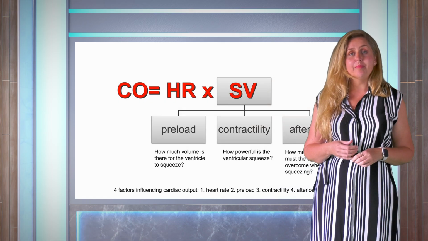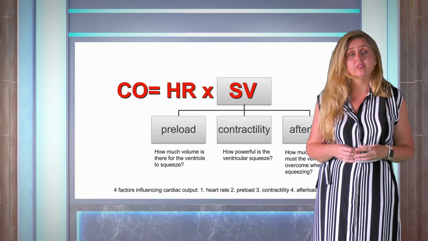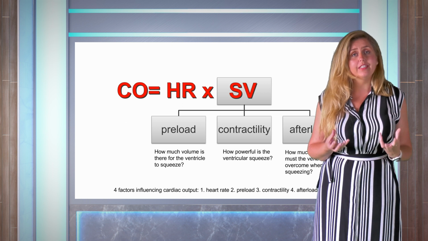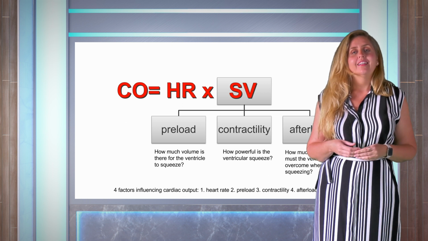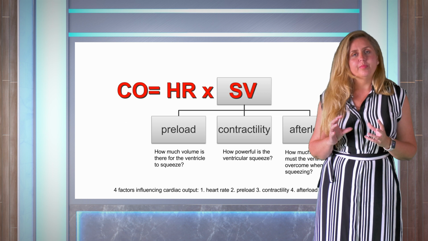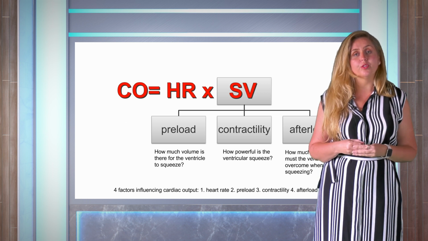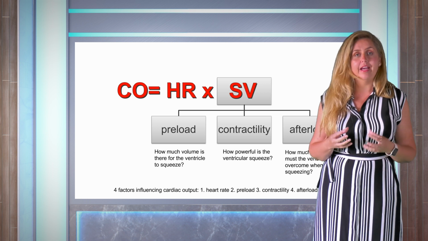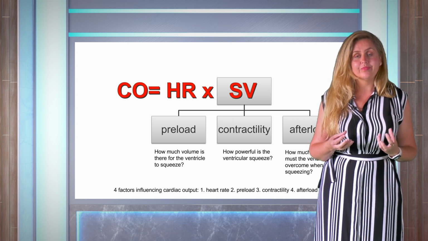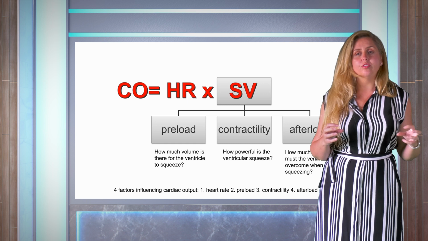Okay, so coming back to our main equation, which is cardiac output equals heart rate times stroke volume. What makes up stroke volume? There are three factors that directly impact stroke volume and therefore directly impact our cardiac output. And we're going to delve into these three now.